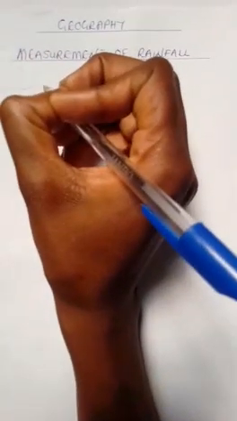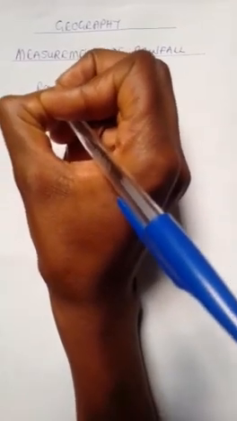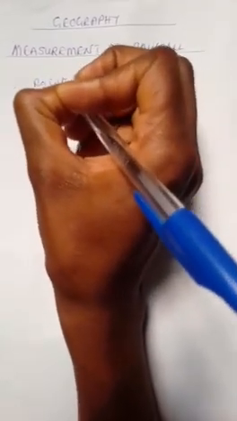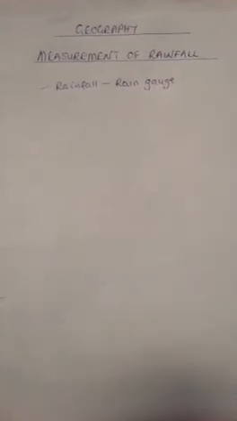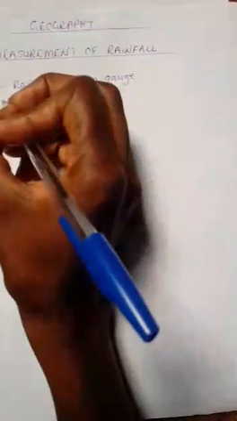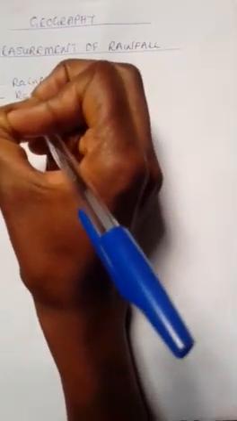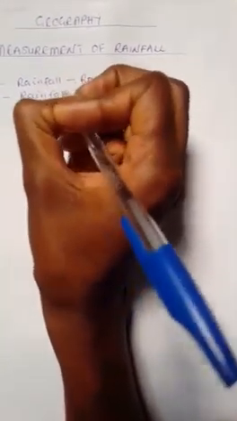Rainfall is measured using an instrument called the rain gauge. It is measured in millimeters.